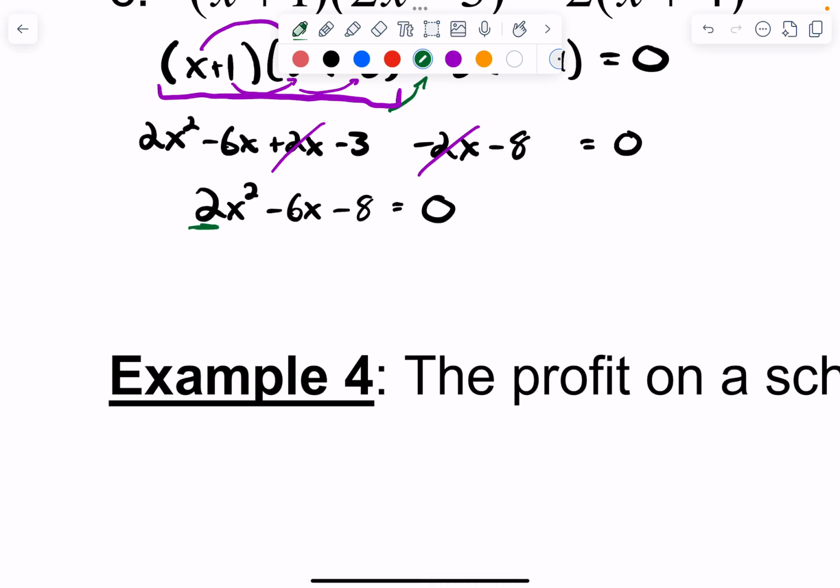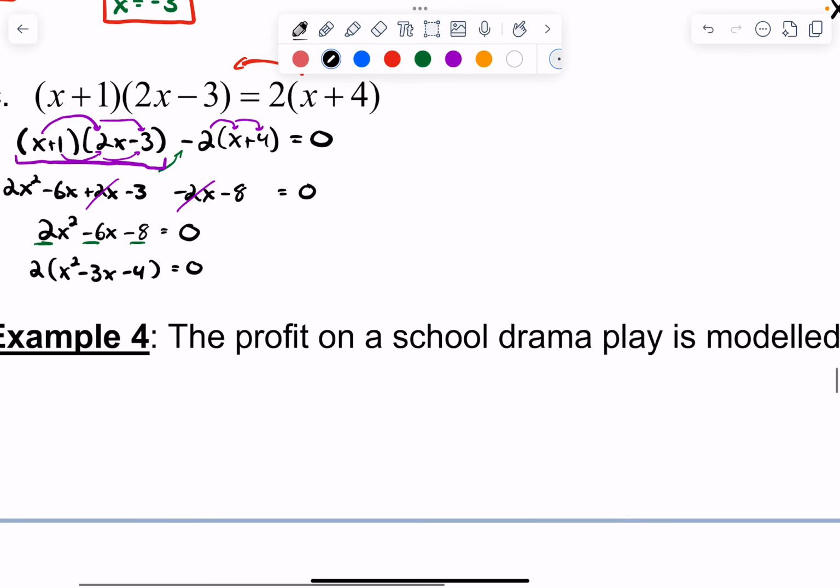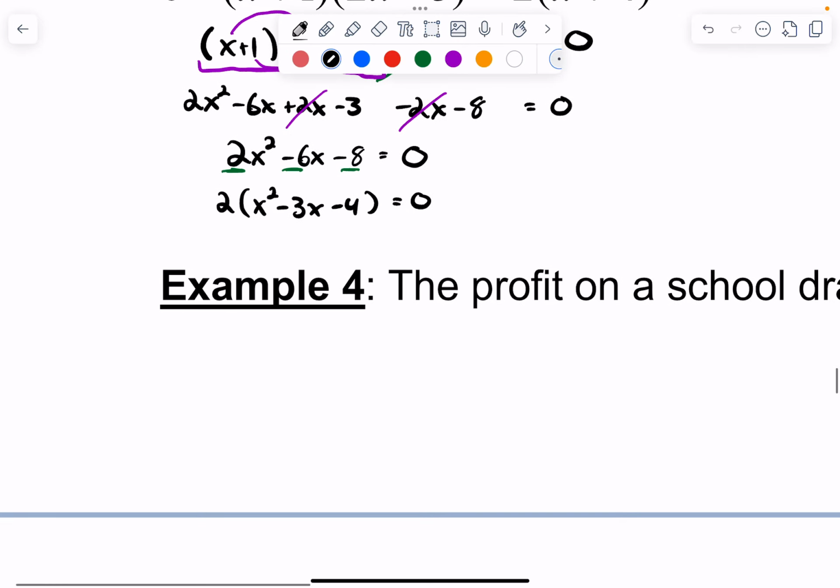So I'm going to take this 2 out here and here, and let's see what happens. x squared minus 3x minus 4. Well, factoring that is now a simple trinomial. You get 2 numbers that multiply to negative 4 and add up to negative 3: (x minus 4)(x plus 1).